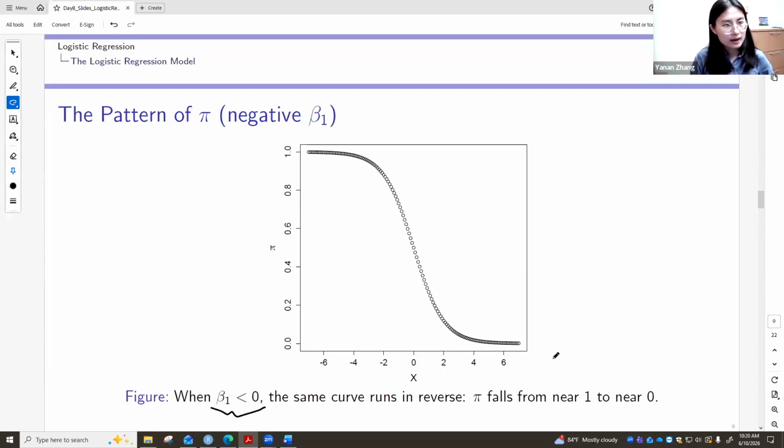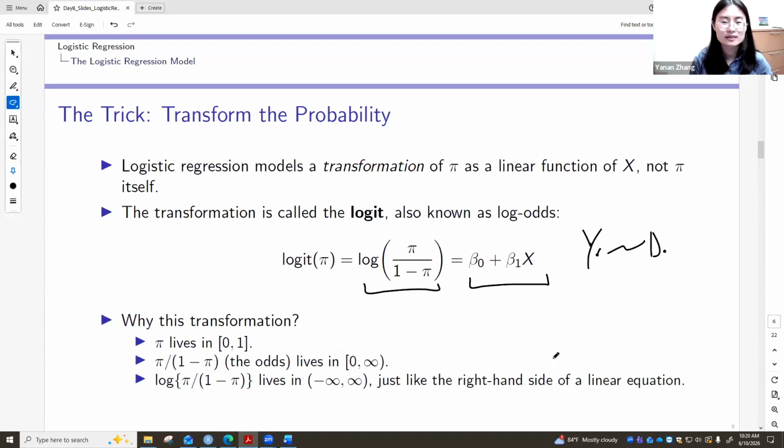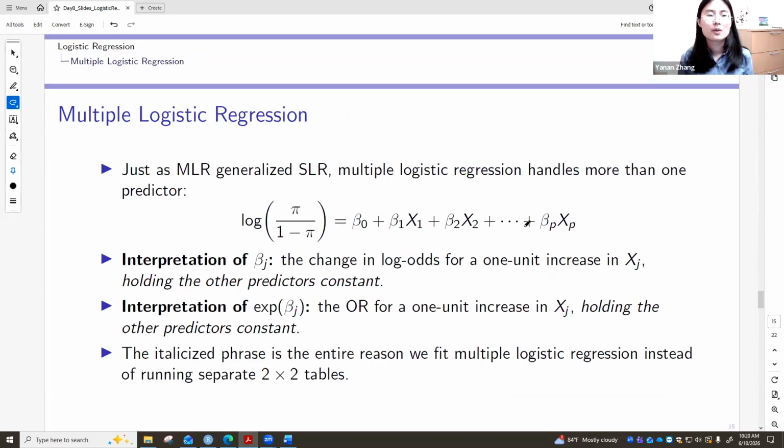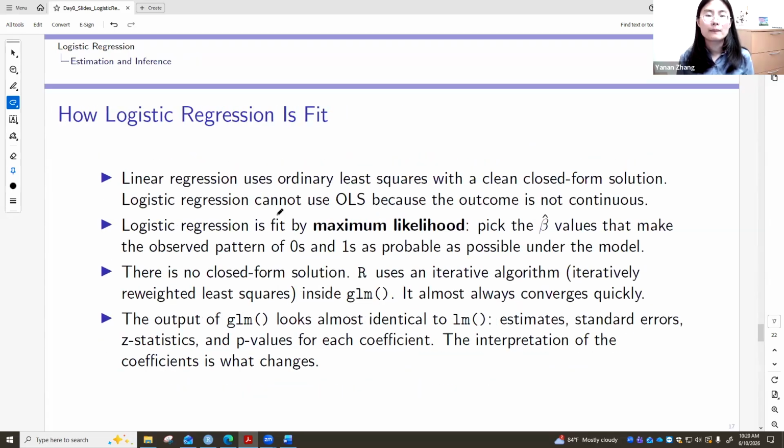All right. Next thing, since we have introduced logistic regression, is how we estimate the beta 1 and beta 0. Here is our logistic regression model, right? How do we know what's the value of beta 0? How do we know the value of beta 1? For linear regression, we can estimate those beta 0 hat and beta 1 hat using ordinary least squares. But in logistic regression, we will use a different approach, which is called the maximum likelihood approach.